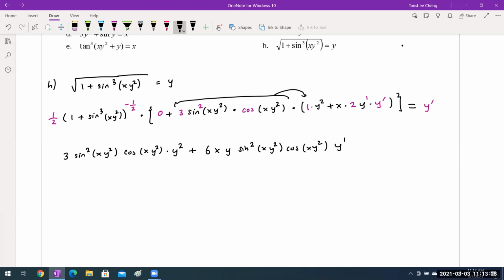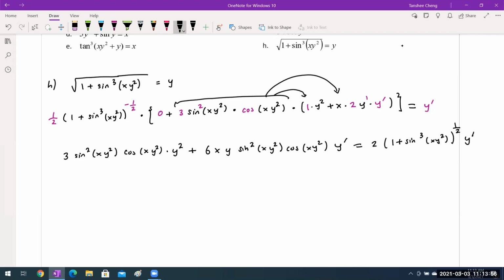Now I'm distributing to the second term, because 2 times 3 is 6. And this is all equal to, since I multiplied both sides by 2, 1 plus sine to the third power xy squared quantity to the 1/2 power y prime.